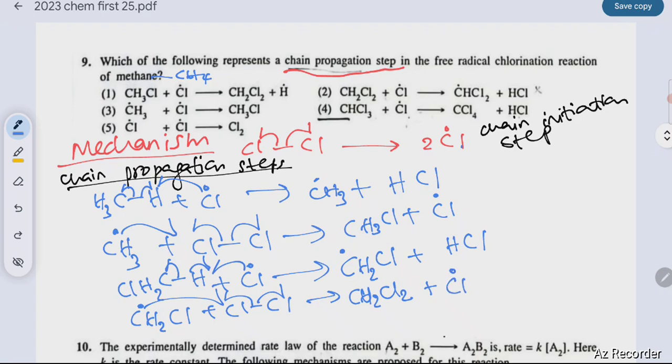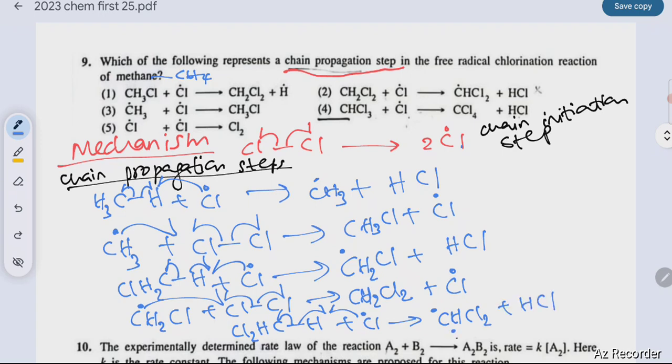Now likewise it will propagate again. CH2Cl2, again we have to take a carbon hydrogen bond, so again it will be like this, and again a chlorine radical will come for the reaction of this, right? And this will form again dot CHCl2 plus HCl.